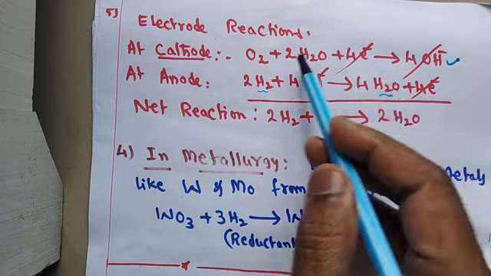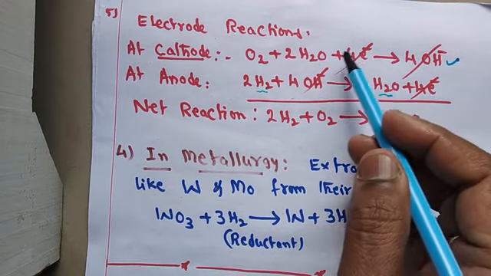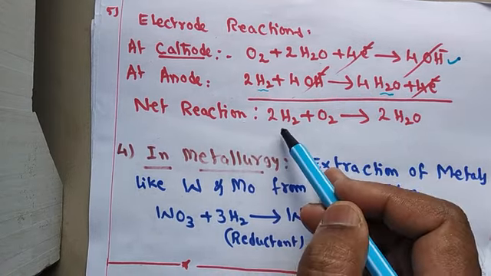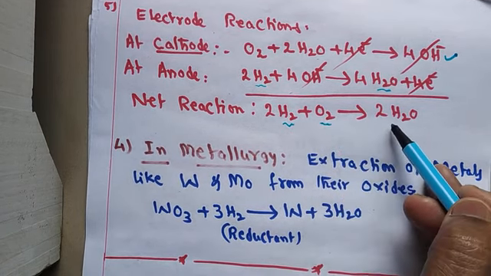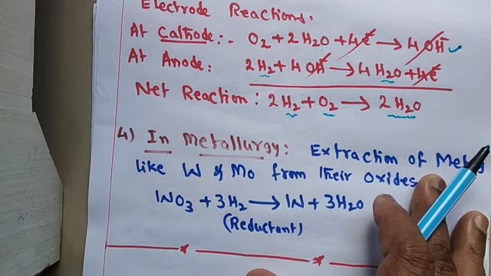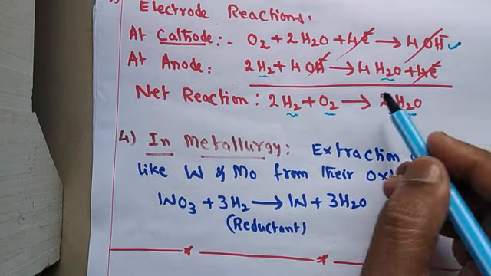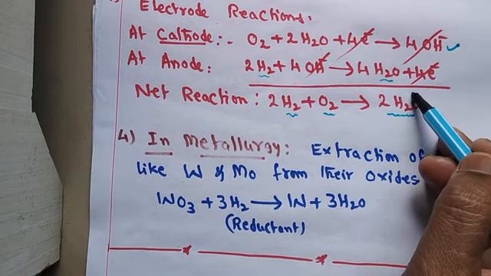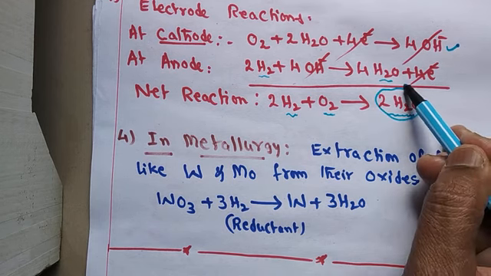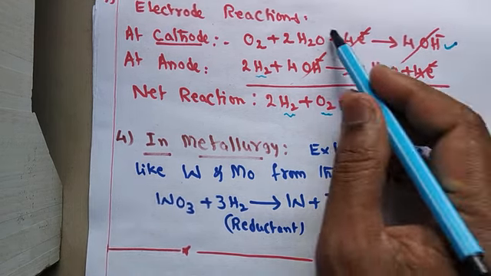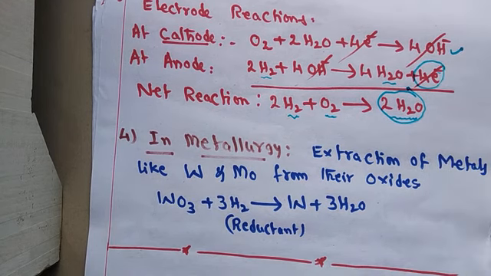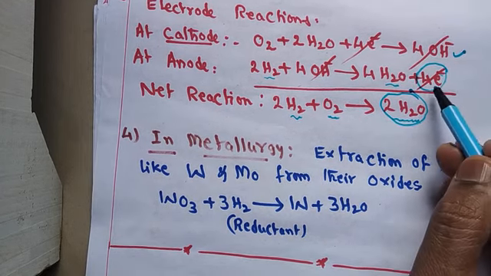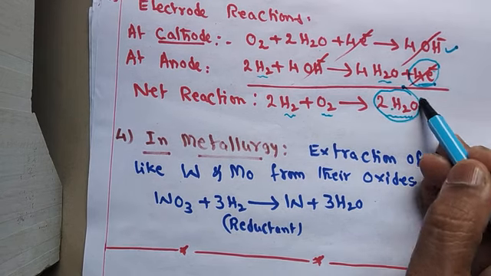Now observe the reactions; adding both of them together, you get the net reaction, children. What is the net reaction here? H2 plus O2 gives H2O. Observe, children, the net reaction is the formation of 2 moles of water. In this reaction, how many electrons participate? 4 electrons participate, that is, 4 moles of electrons for 2 moles of water.